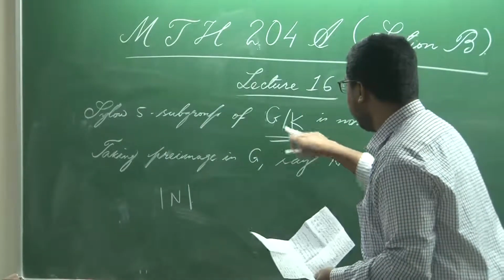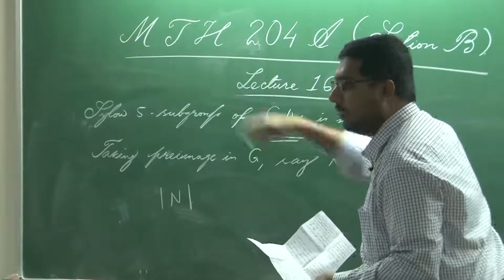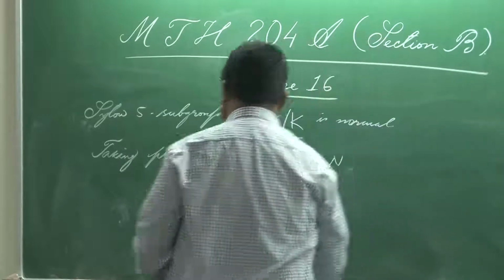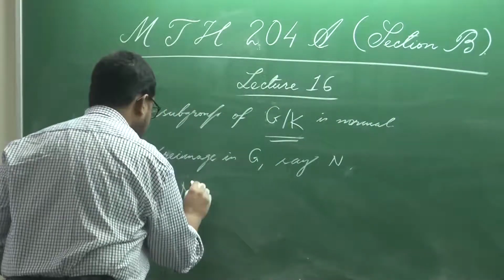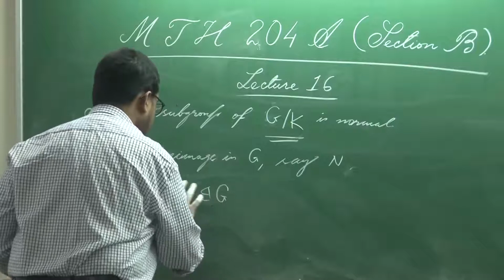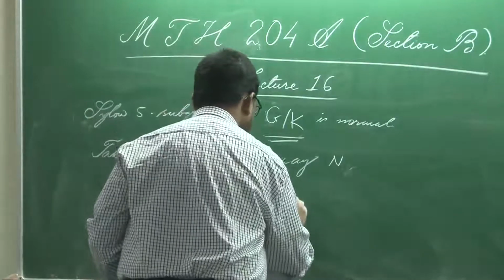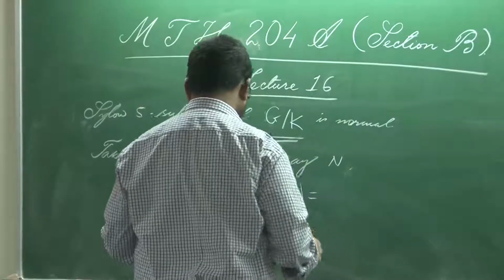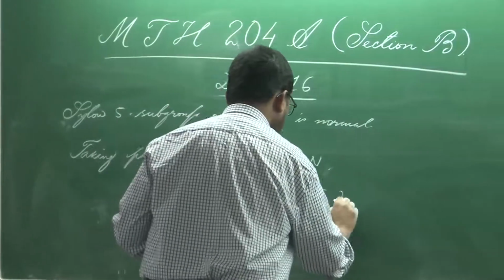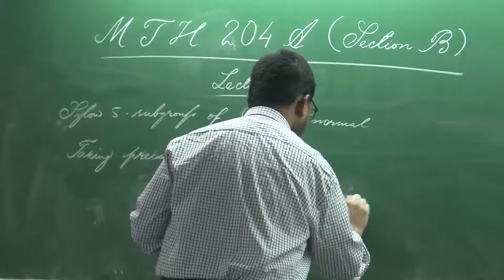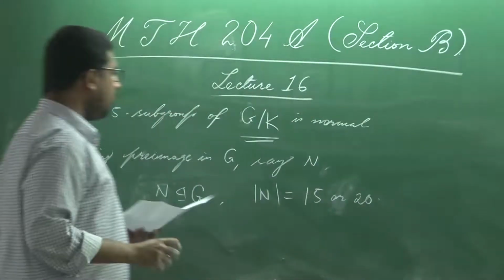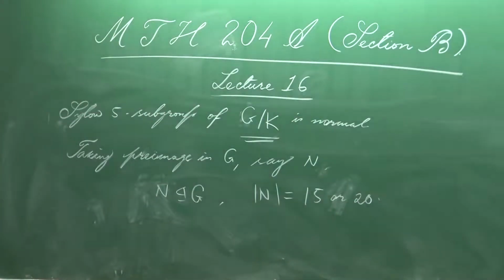The pre-image of the Sylow 5 subgroup inside G will be again normal. So we obtain a normal subgroup of G whose order is simply 15 or 20, depending upon what the order of K is.